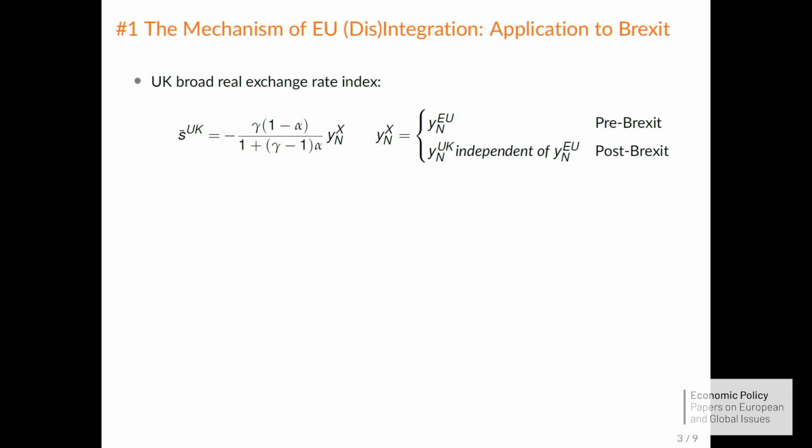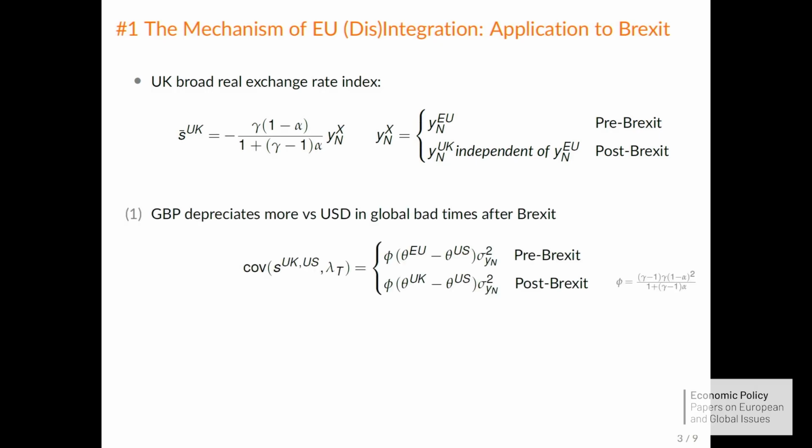The first is that the pound is expected to depreciate more relative to the dollar in bad times after Brexit. In fact, remember I said the covariance between the UK and the US exchange rate depends on the relative size, because the relative effective size of the UK has declined after Brexit.